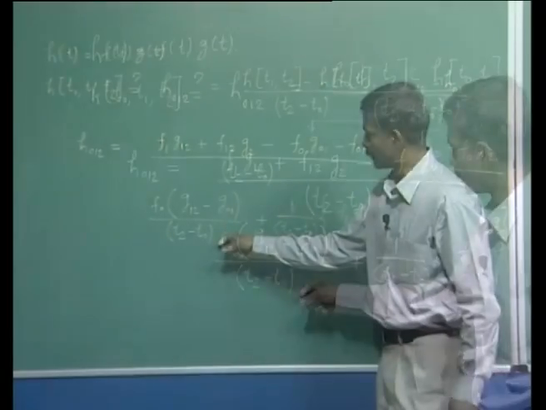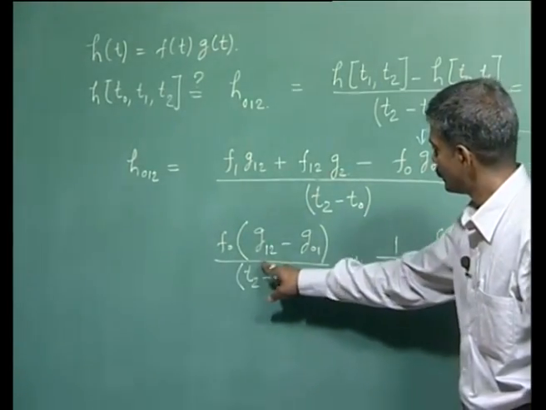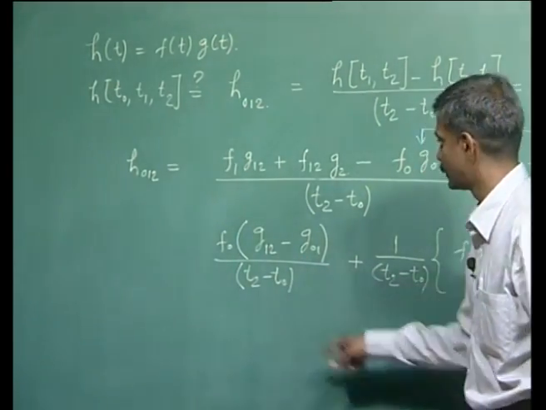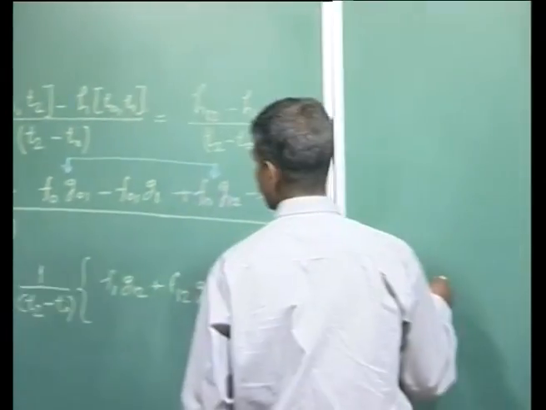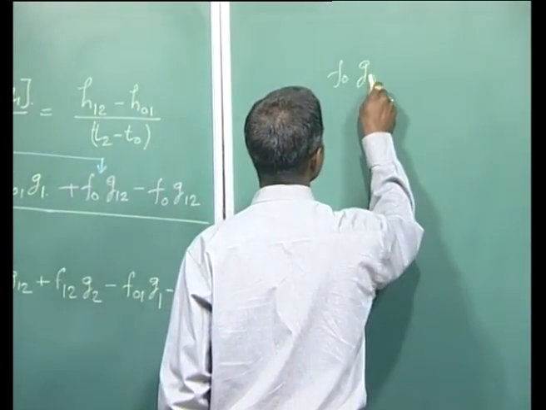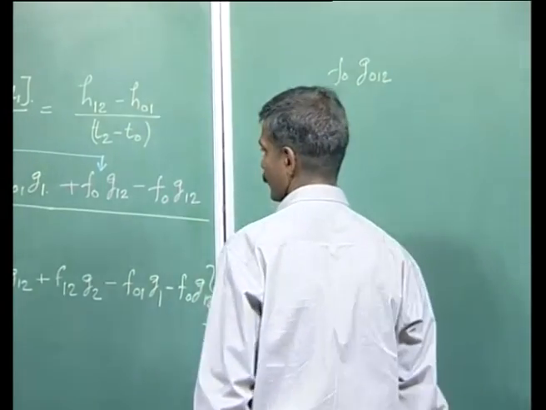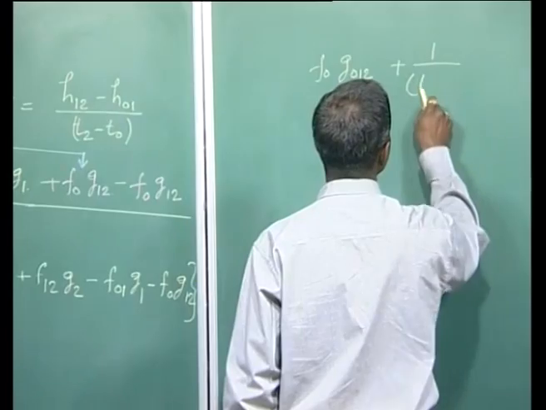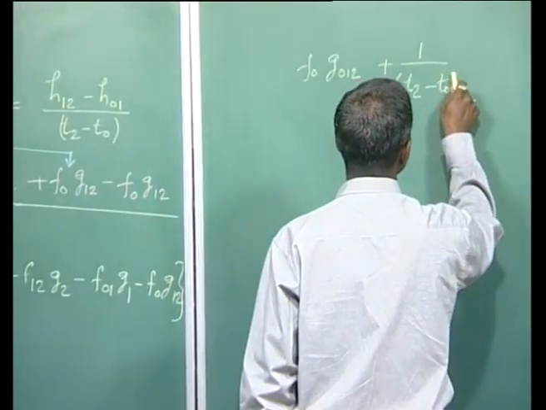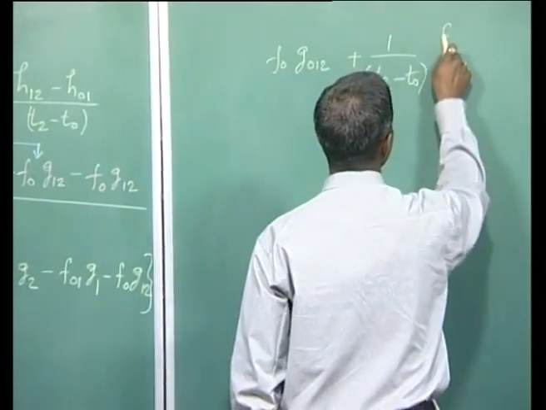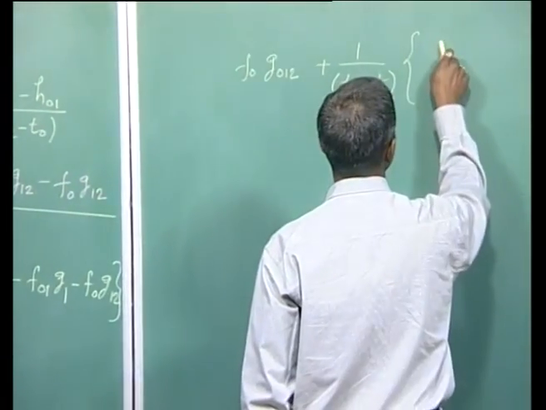What is this term here? This is the second divided difference in G, if you notice. So this is equal to F of 0 G 0 1 2 plus 1 over T2 minus T0, this entire term here. Let me rewrite this for you.